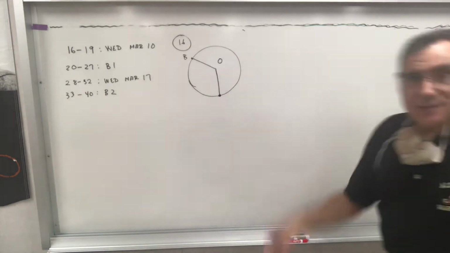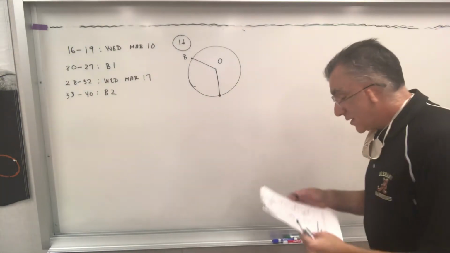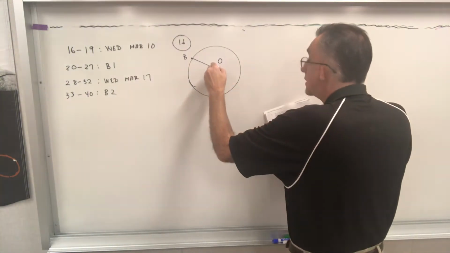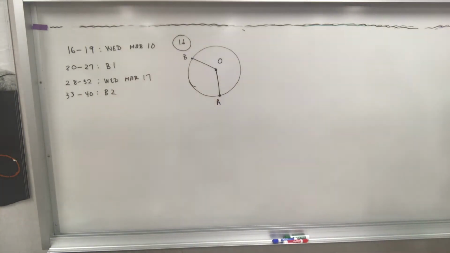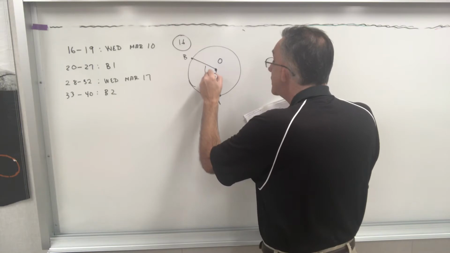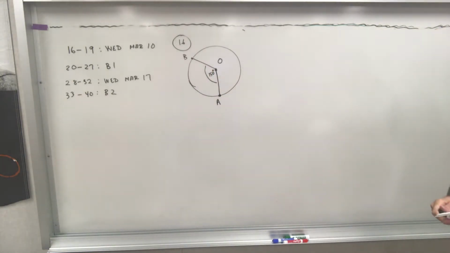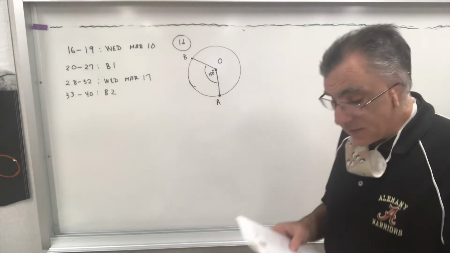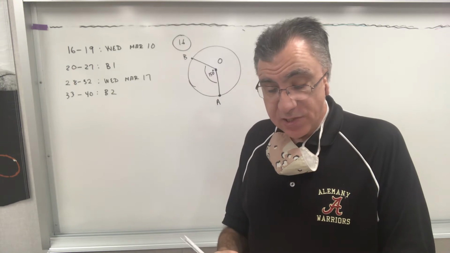Again, it's not a perfect circle, but just go with it. So then this is 150 degrees. What is the area of the shaded sector?